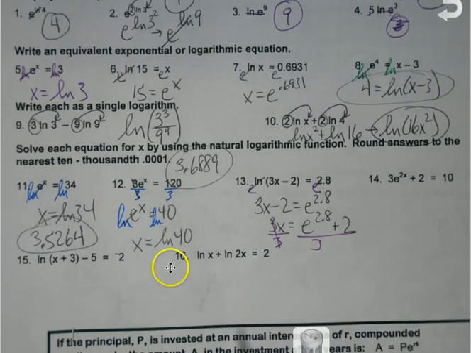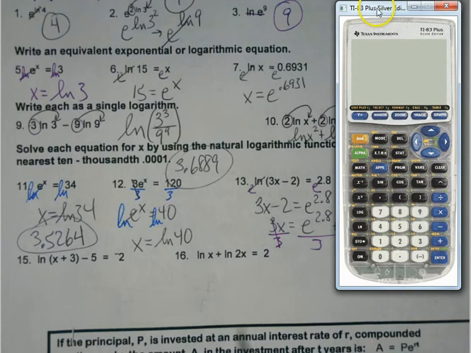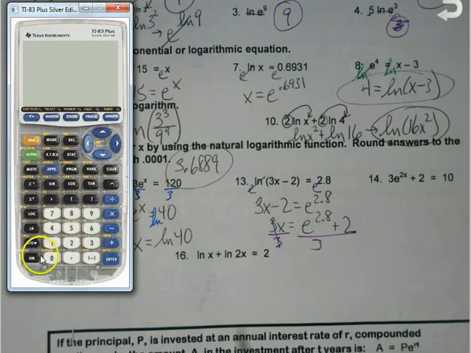So when you go to figure this out, okay, so we've got second ln, there's my e. So 2.8, make sure you close your parenthesis. Here's a suggestion again. Plus 2, enter, divided by 3, enter.